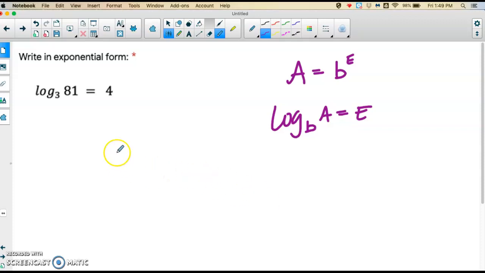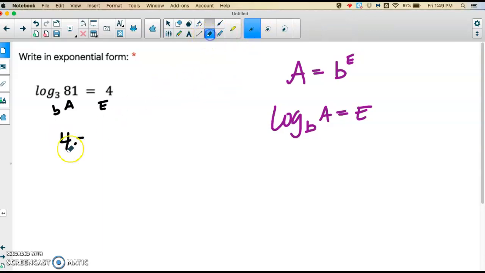Remember that. So when we're looking at this first one from the formative, okay, this is your B, this is your A, and this is your E, and we're writing in exponential form, so we have to write it as Abe. So we have to write it as, excuse me, I'm messing this up.